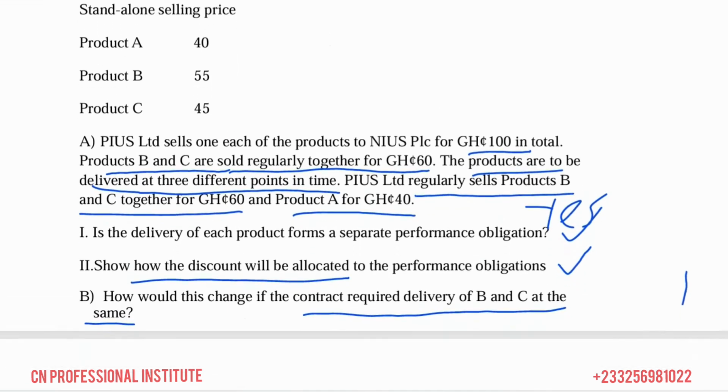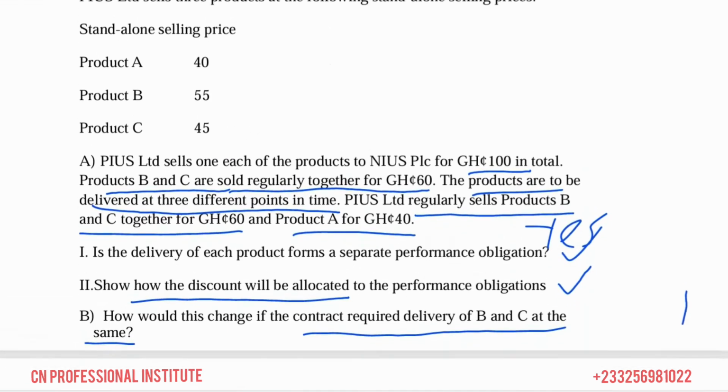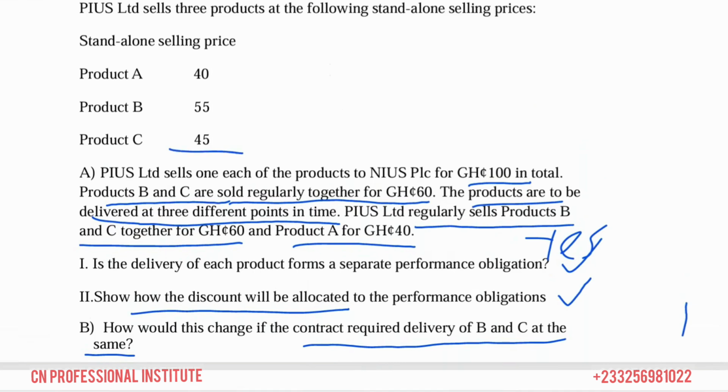So here, similar to the first example, we have to sum the standalone selling prices. So 40 plus 55 plus 45. So this should give us 140.